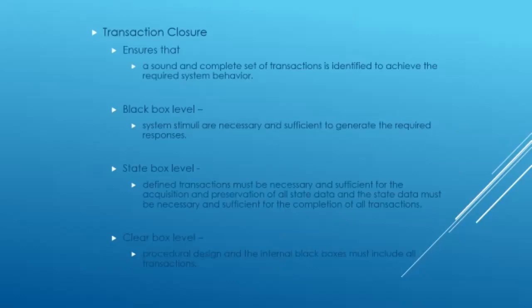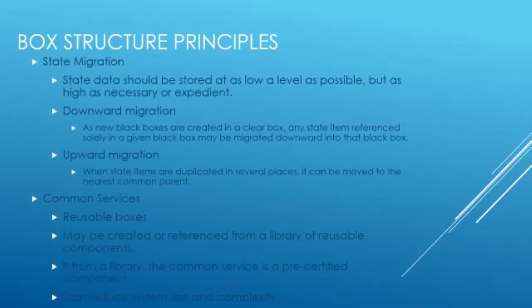State box level: defined transactions must be necessary and sufficient for the acquisition and preservation of all state data, and the state data must be necessary and sufficient for the completion of all transactions. Clear box level: procedural design and the internal black boxes must include all transactions.